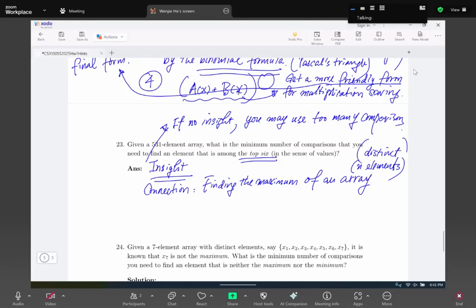Later, if you don't have the distinct condition, you can modify your algorithm easily after you get it. So the formula, we know, even for the maximum version, we have the same formula as for the minimum version, right? The formula is n minus 1 comparisons.